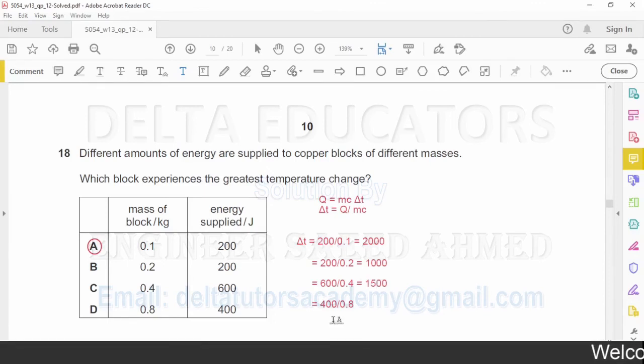And 400 over 0.8, we will get 500. So here it is clear that the greatest change in temperature is in option A, where the value is 2000. So our correct option is option A.